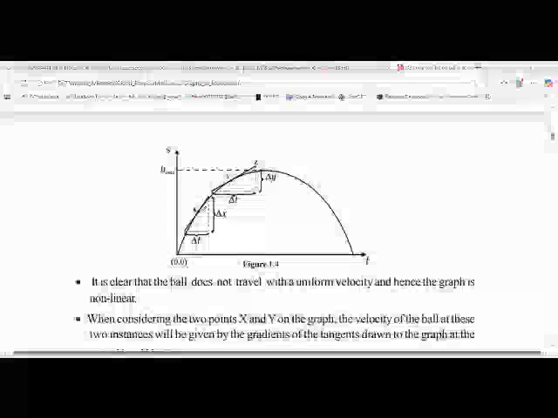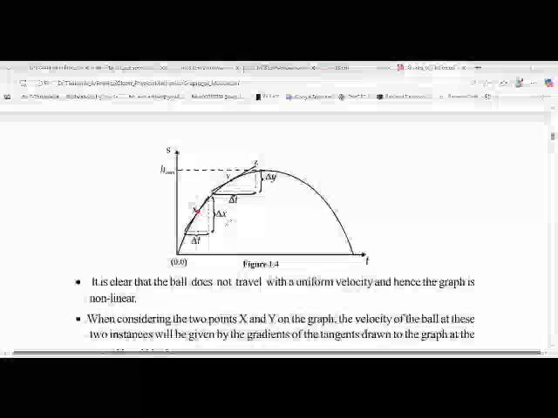Then you can see here, they have found the velocity of this point. Then what should you do? Make a tangent and find its gradient. Delta x here. It's much better if you write delta s.